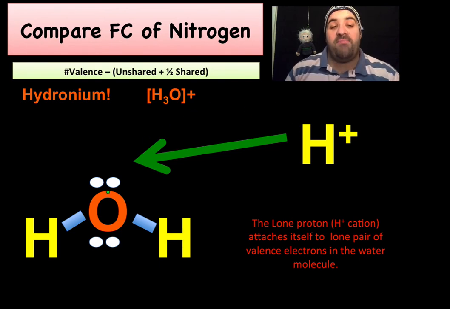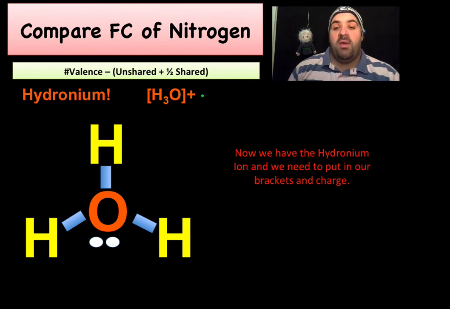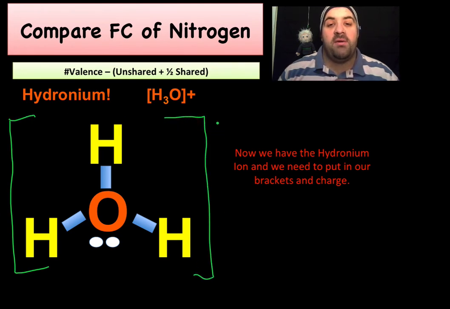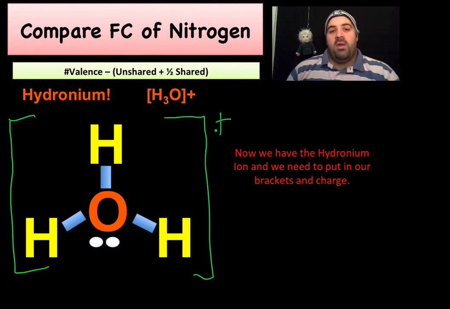You added a positive particle to this molecule, so the charge is going to be +1. And of course, we would need to put in our brackets and our charge to finish this correctly. It is a polyatomic ion, so we have to draw the Lewis structure like this. And that's how we draw that.